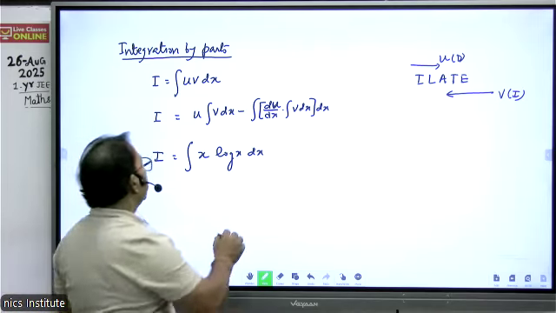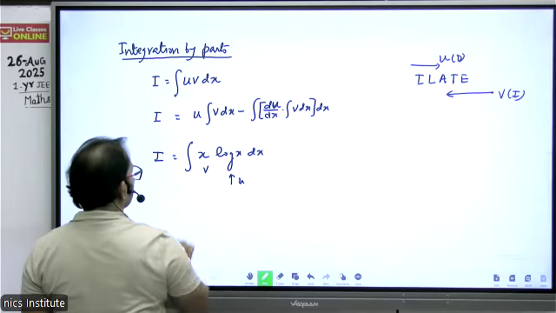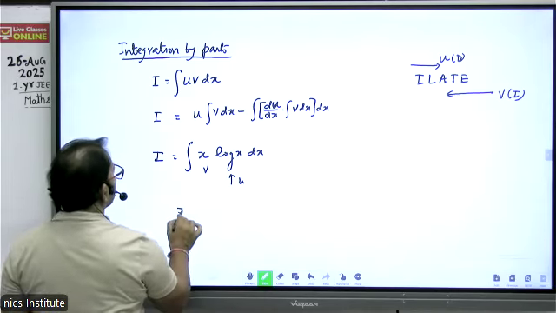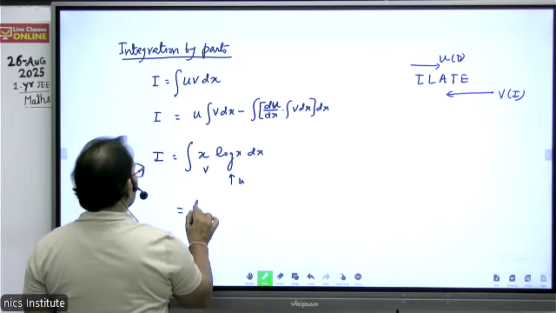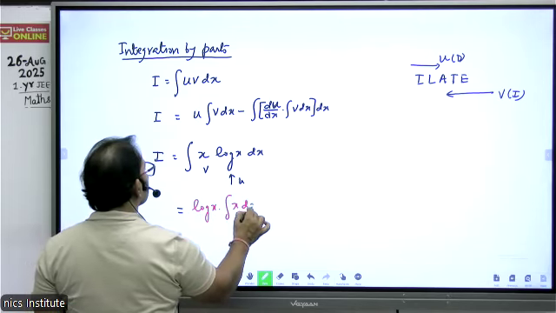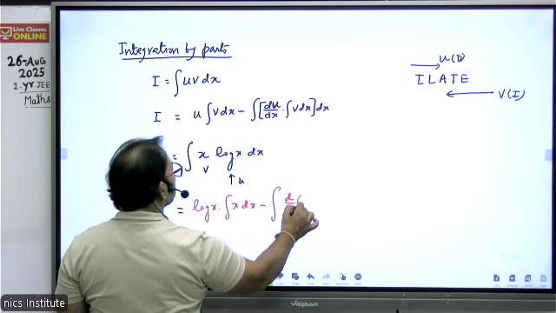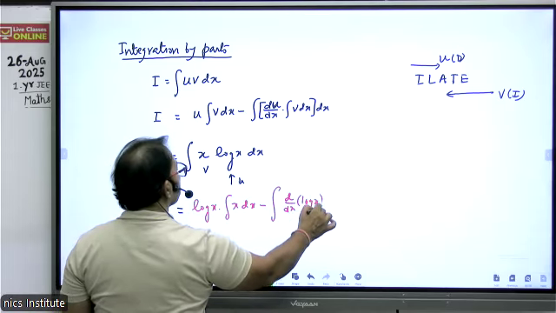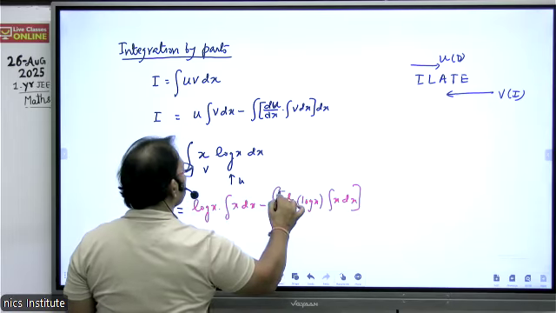So this would be treated as u, and this would be v. So let's apply the formula. U is log x, integration of x dx. Then derivative of log x and integration of x dx. The whole integration.